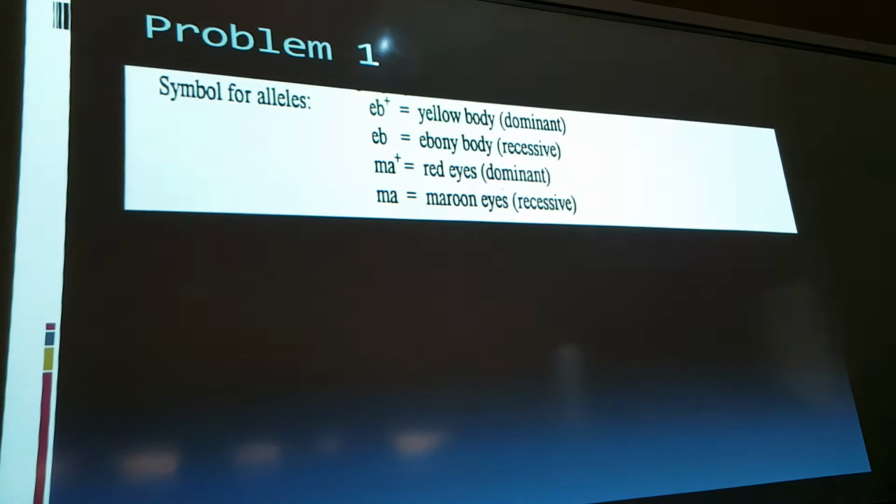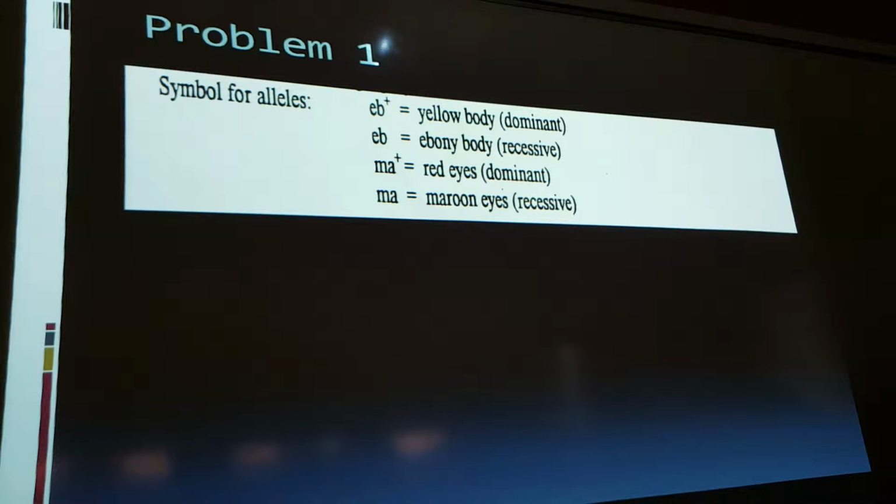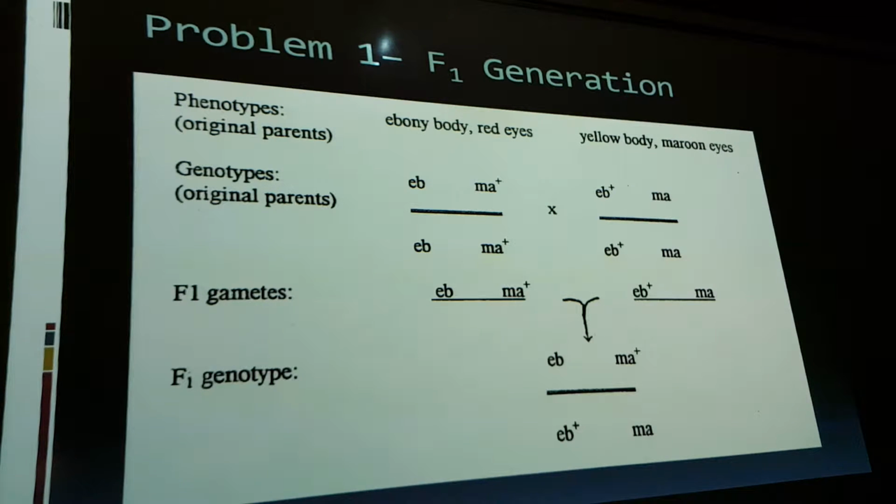So, here are symbols, and I already forgot what the problem said. But we're taking, it looks like, an ebony body and red eye. And we remember they said red eye homozygous? Because it could be homozygous or heterozygous.